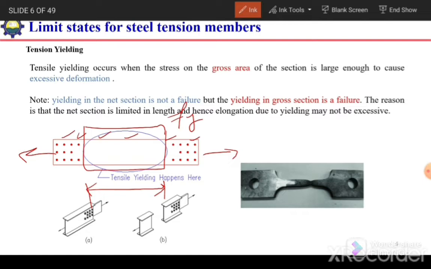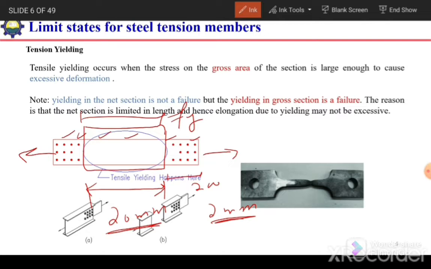For example, if this length is 2 meter and the deformation is 1%, then 20 millimeter deformation will occur in this portion. And if the length of the net area is 200 millimeter, there will be only 2 millimeter deformation, which is much smaller compared to the 20 millimeter deformation.